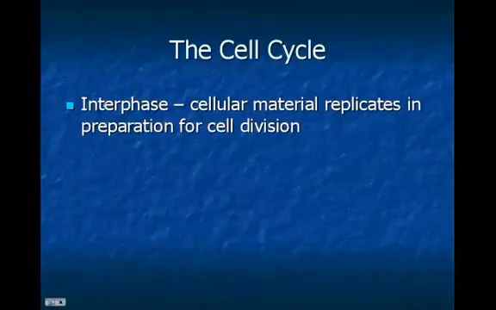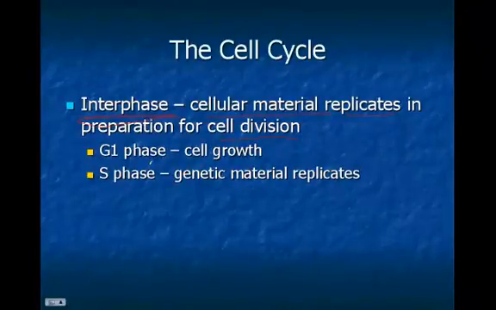So again, this is probably just reiterating some of what I just talked about, but interphase is going to be that phase where we have the growth phases where we're making extra cytoplasm, extra cytoplasmic material, so that we've got it ready for when we undergo our division. And it's also where we're going to replicate our DNA in preparation for cell division.